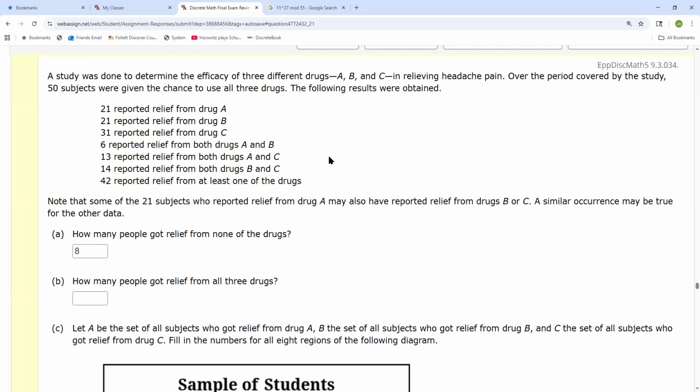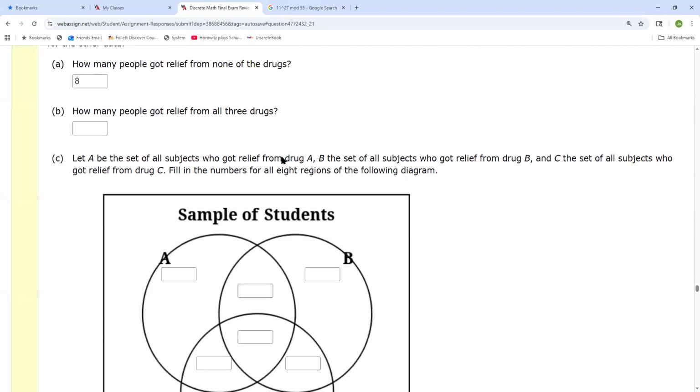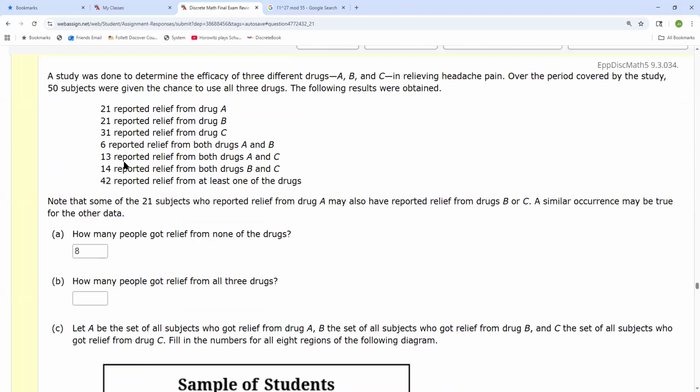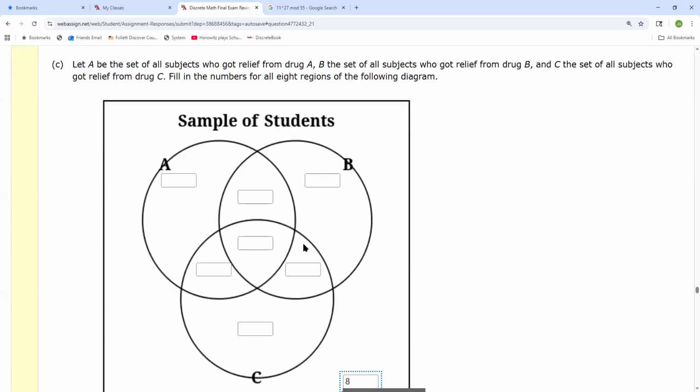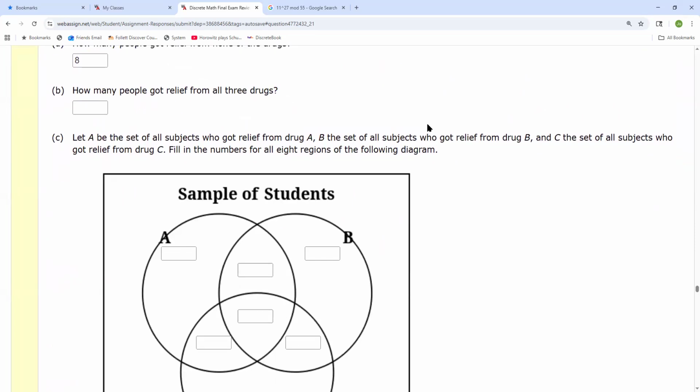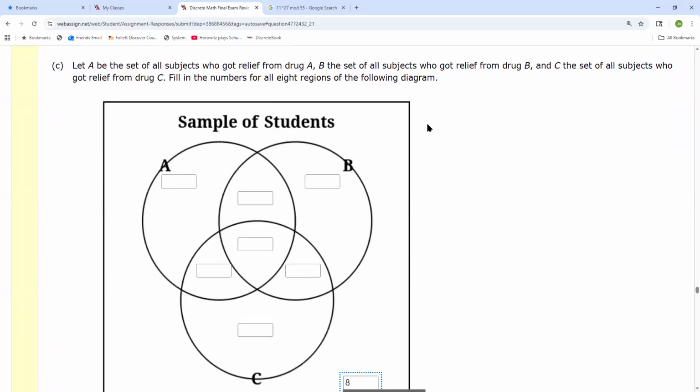How many people reported relief from both drugs A and C? Where's A and C? That's those 2 spots. Those 2 spots have to add up to a total of 13, right? And then these 2 spots between B and C, these 2 spots right here, they have to add up to a total of 14. So let's make a little drawing.